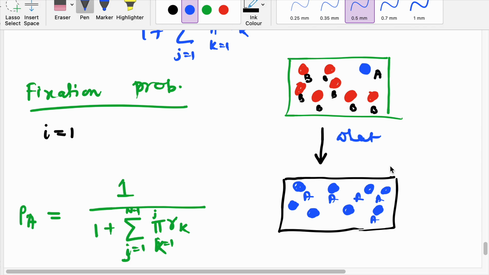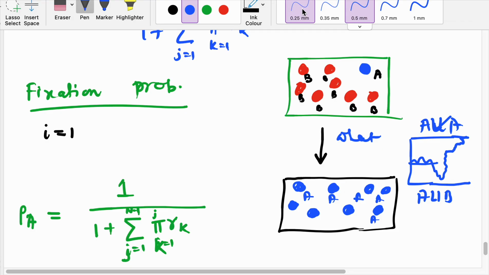It will increase in this manner. Sometimes A type individuals increase, sometimes B type individuals increase, but at the end of the day you will see that this population will hit one of the two boundaries, either all A type or all B. So the process will look like that.